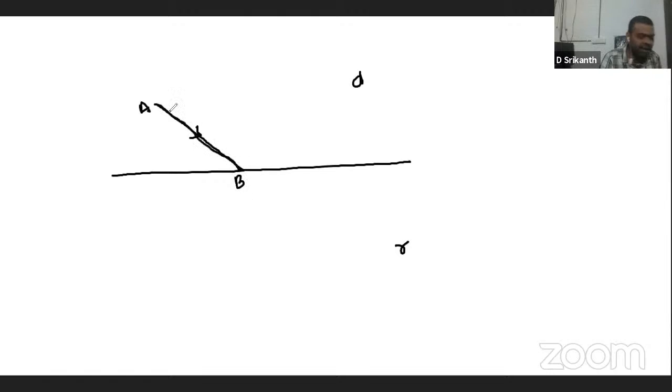I'll call it an incident wavefront. Suppose the incident wavefront is like this. CB is my incident wavefront.